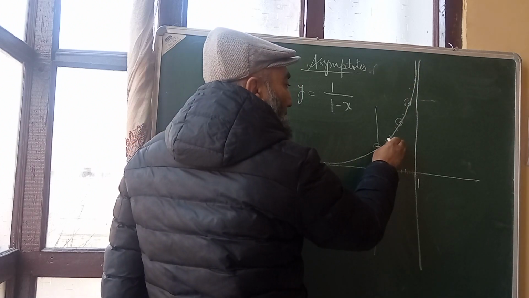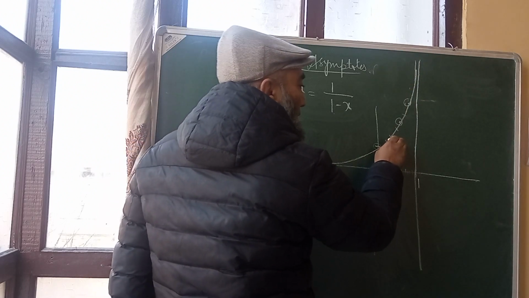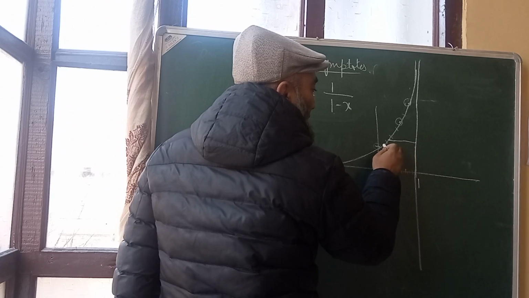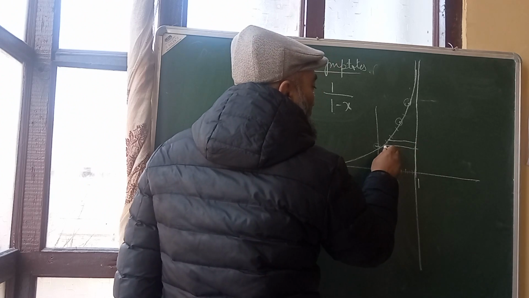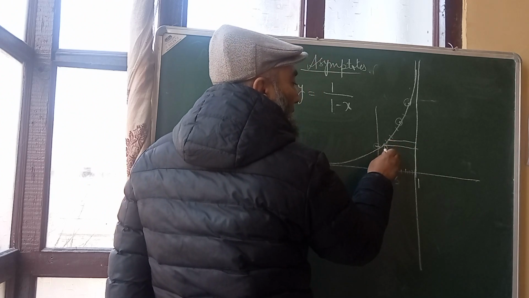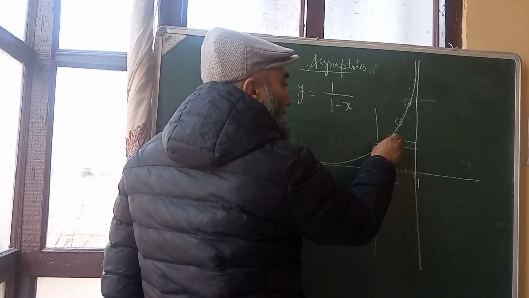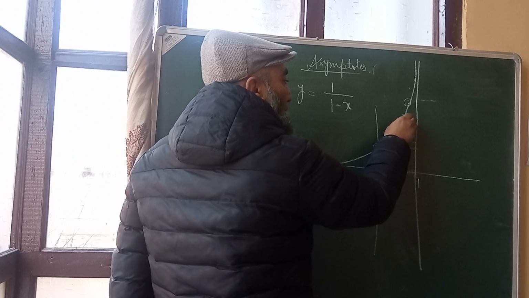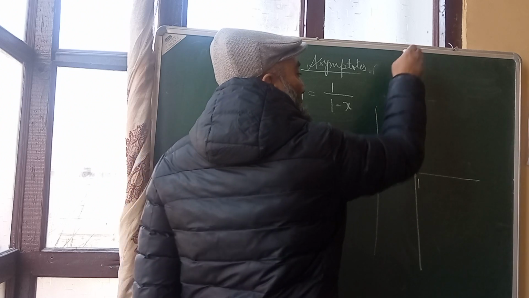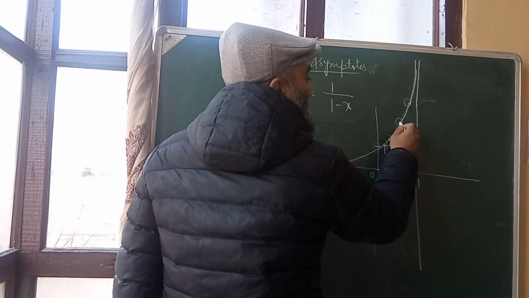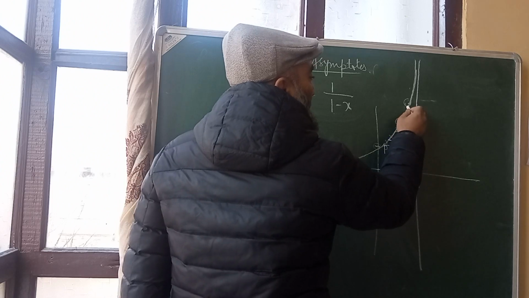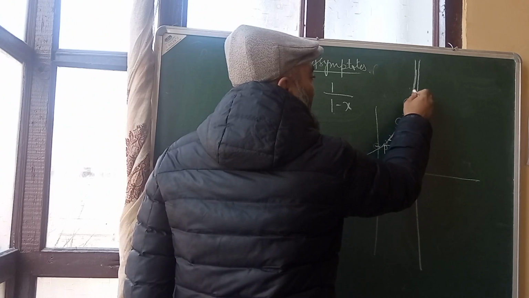So one can see that if I have this distance, let me suppose this is a point on the curve. When this point moves along the curve towards infinity, you see, this distance becomes less and less and less.